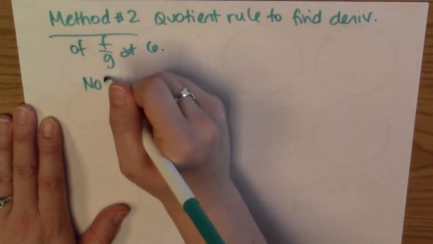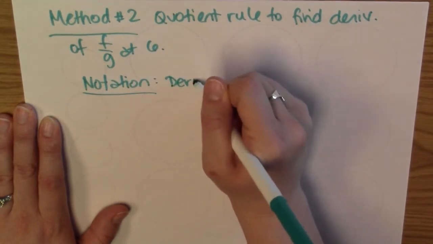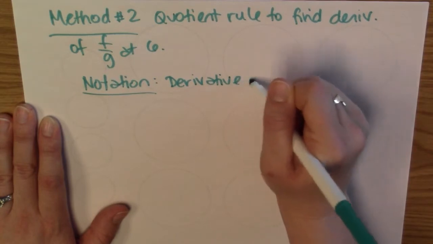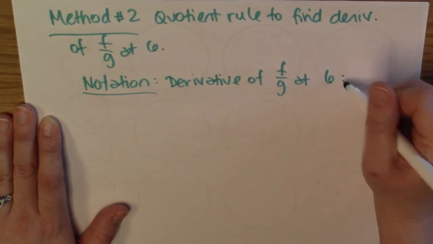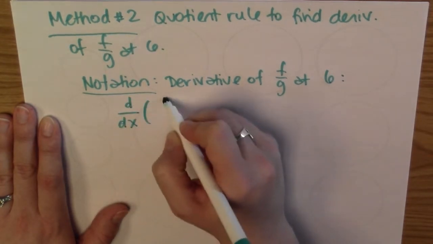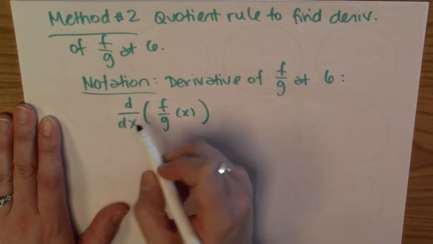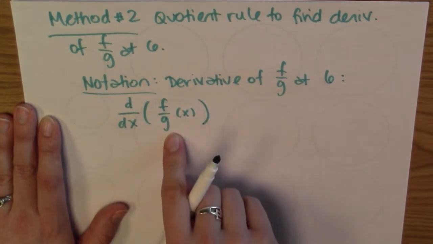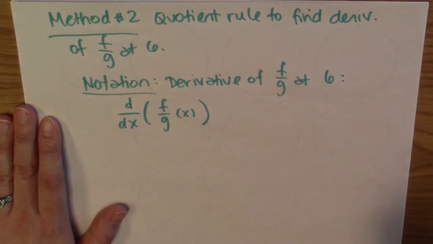So again, we want to talk about some notation for this. So the derivative of the function f over g at 6 is either, well, we can take d dx of f over g of x, right? So this is the derivative notation. This is the function, even though it looks kind of strange. This f over g is the function. We could call it h if we wanted to.